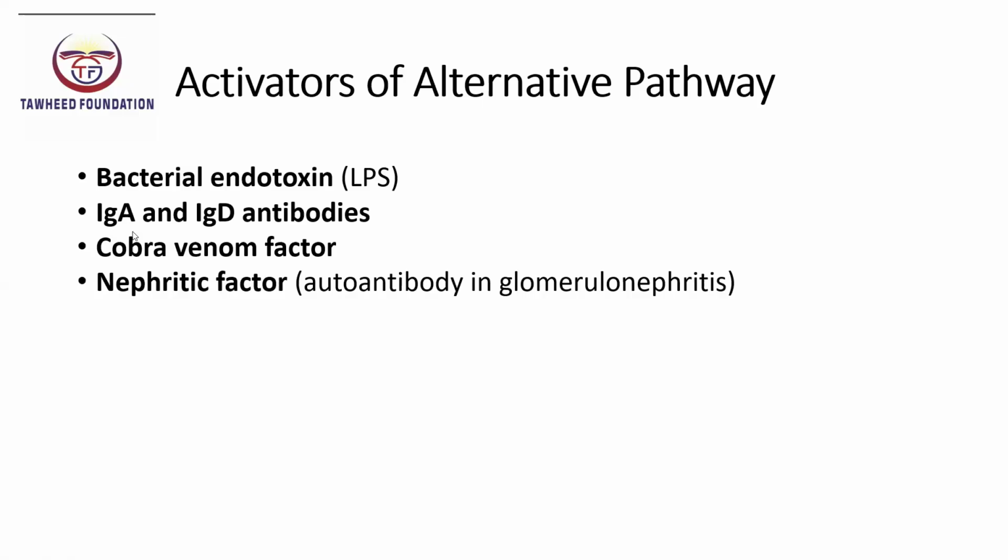Additionally, cobra venom factor, a component from cobra venom, mimics part of the complement system and continuously activates the alternative pathway. Another notable activator is the nephritic factor, an autoantibody found in certain kidney diseases like membranoproliferative glomerulonephritis, which stabilizes complement convertases and leads to excessive activation and tissue damage.